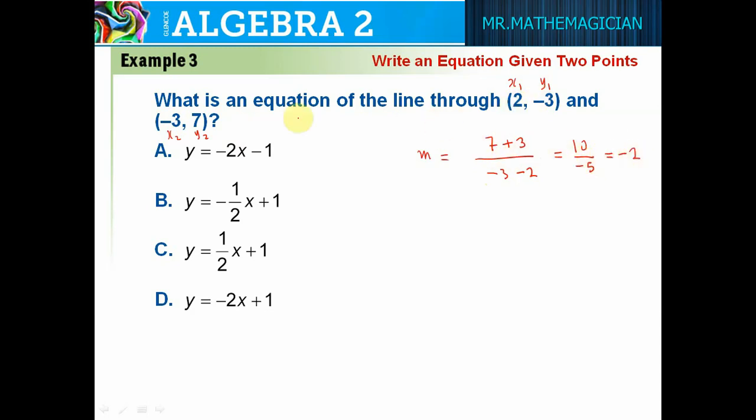Now we are allowed to take either of the 2 points using the point-slope form. y minus y1 equals m times x minus x1. Let's take this point since it's already x1, y1.